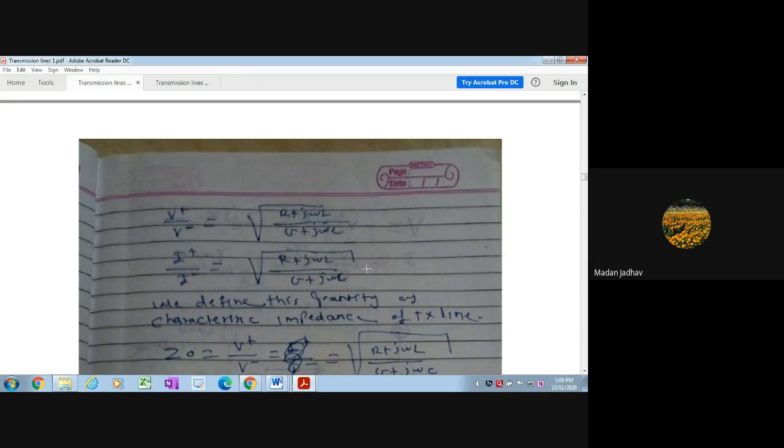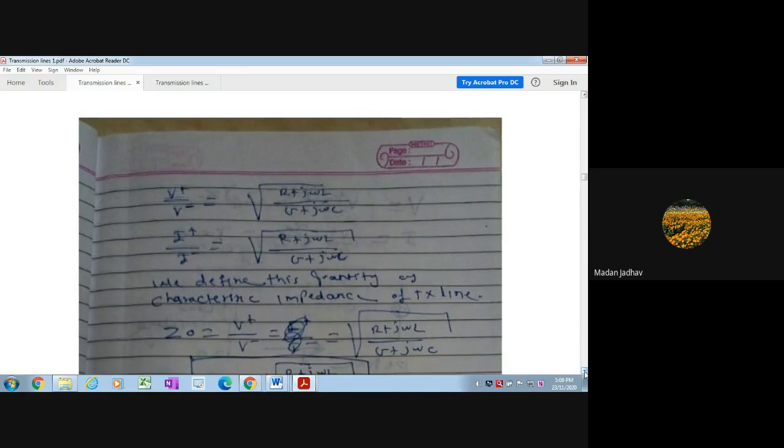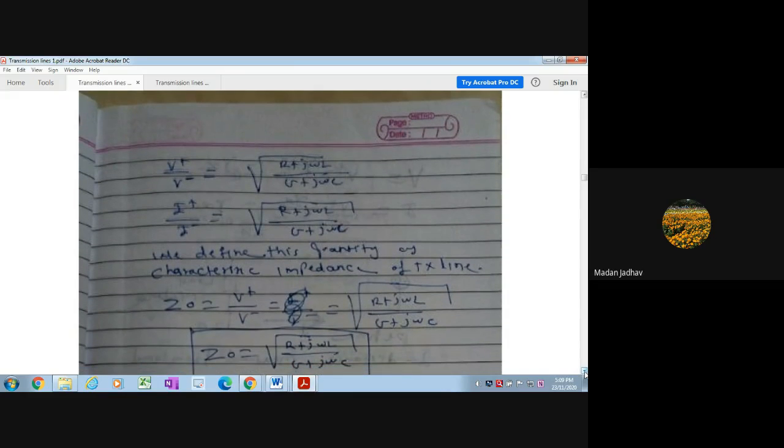The characteristic impedance is also observed by the reverse wave. For the reverse wave we will observe the characteristic impedance minus Z naught, because it is the ratio of the reverse voltage to the reverse current, and you will get the same equation, the square root of (R plus j omega L) divided by (G plus j omega C).